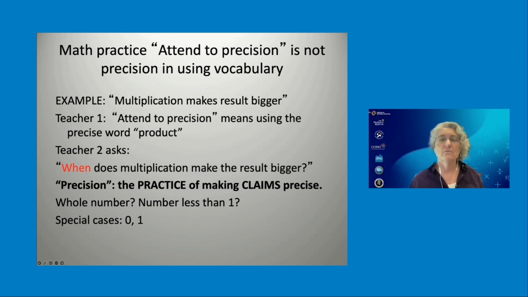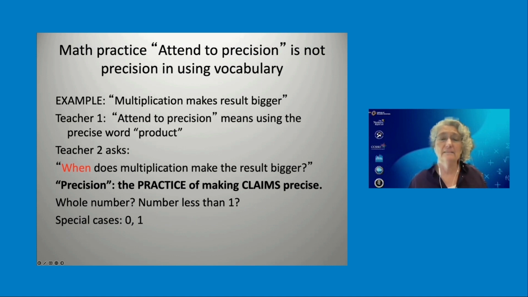So when a teacher or an analyst hears that, one teacher might say, attending to precision means that I want the students to say the precise word product instead of result, right? Because this is multiplication, the precise word would be product.